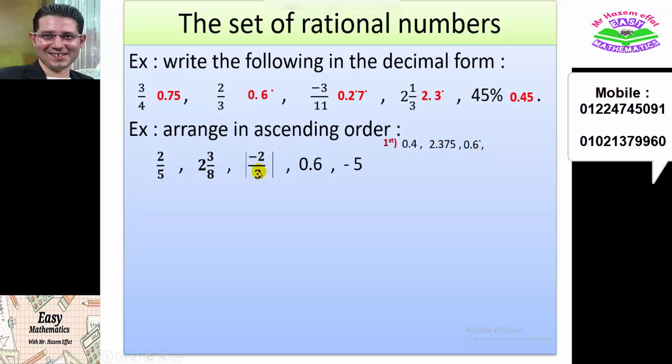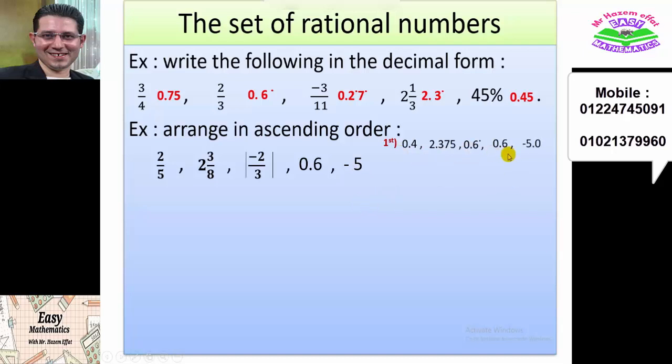We studied it before. When we have absolute value, it cancels the negative. 0.6 already is a decimal, keep it as it is. -5, we can put .0 to change it into decimal form this way.